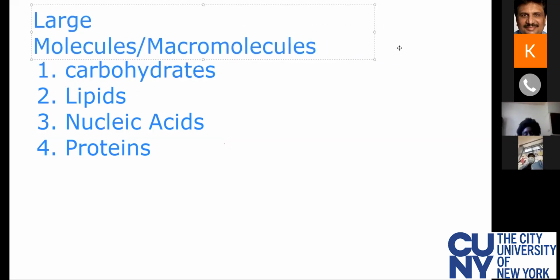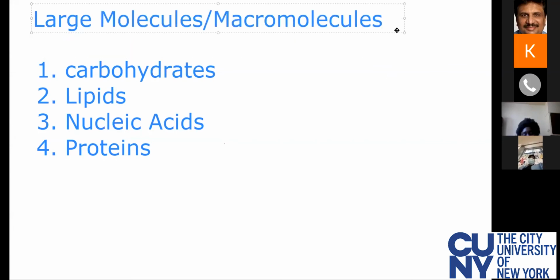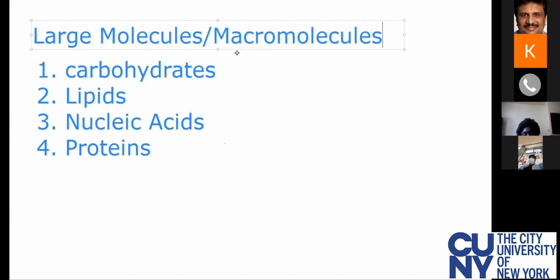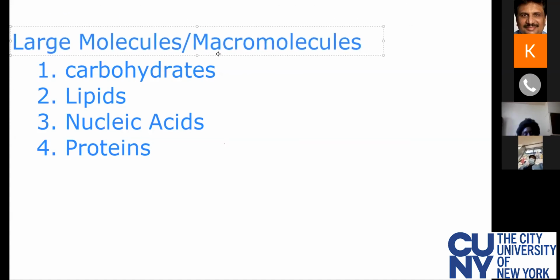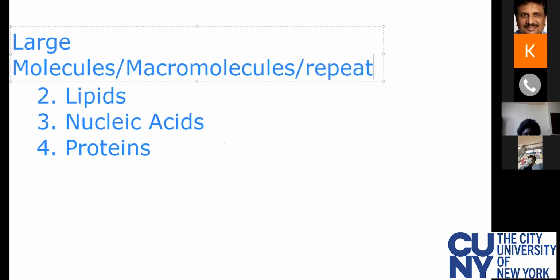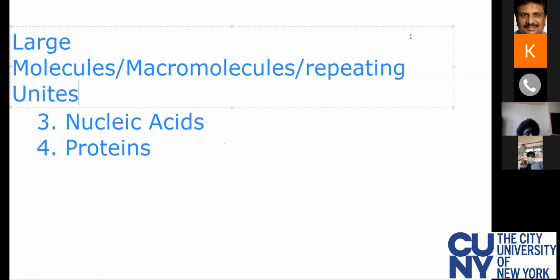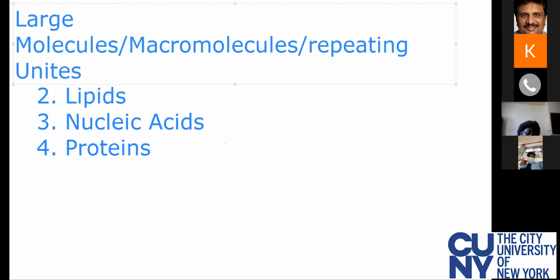Large molecules could be referred to as macromolecules. Now, the beauty of this system is that these macromolecules are made up of repeating units, just like a simple building is made up of bricks.